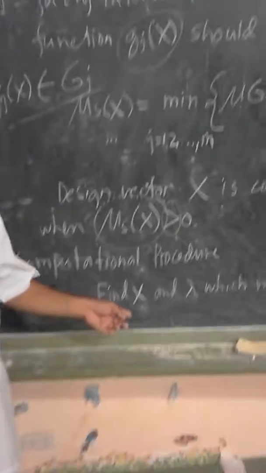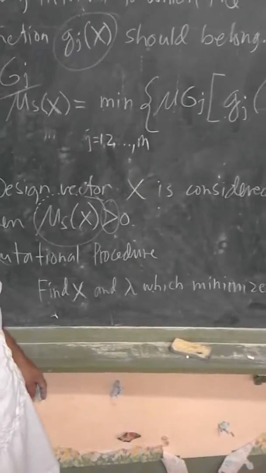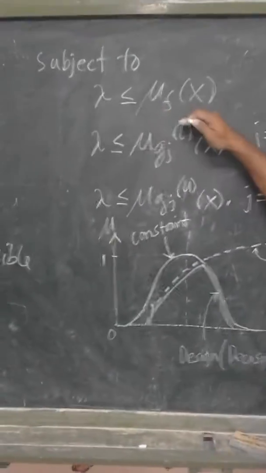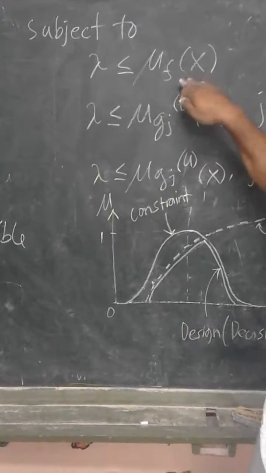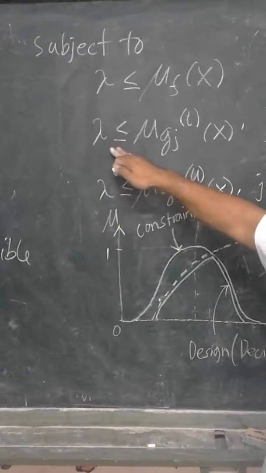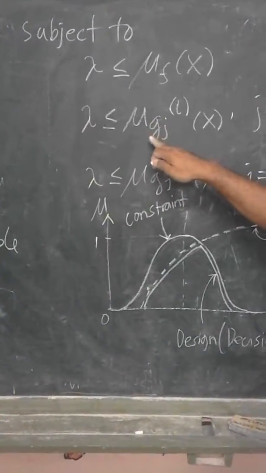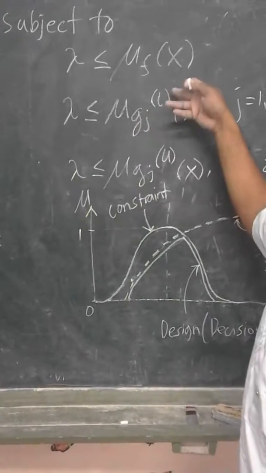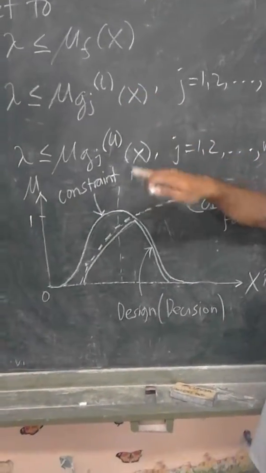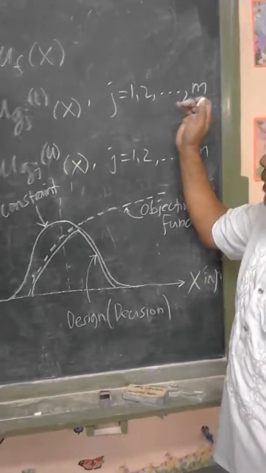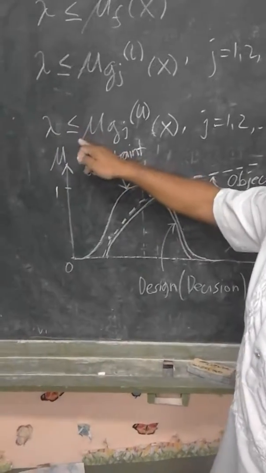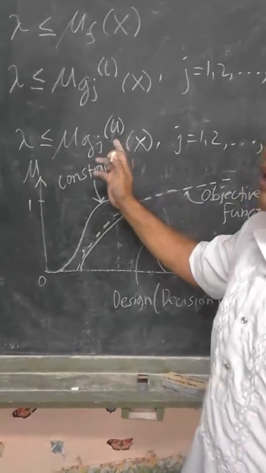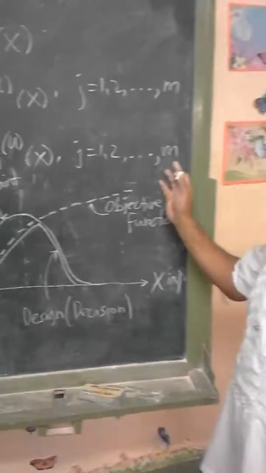For example, we find x and lambda which minimize lambda, subject to the constraints: lambda less than or equal to the membership function of x with f, the objective function, and lambda less than or equal to the membership function of g sub j of x with the lower bound, where j is equal to 1 to m. And again for the upper bound, lambda is less than or equal to the membership function of g sub j to the upper value, where j equals 1 to m. Okay.